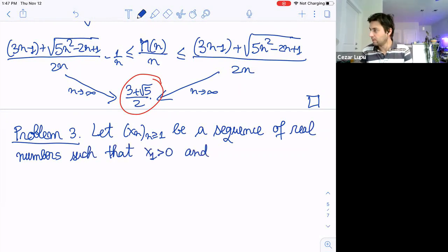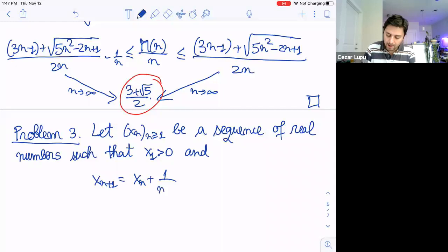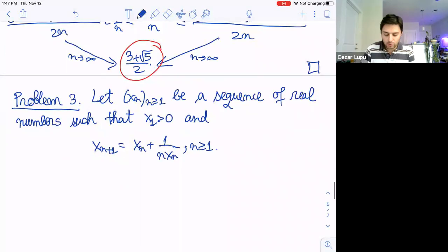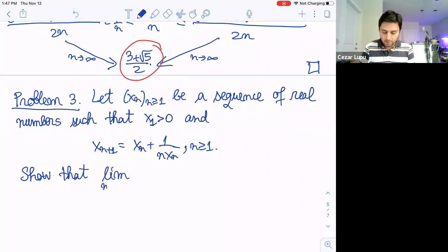Now, I think maybe I haven't done this, but xn plus 1 is xn plus 1 over nxn, for n greater or equal than 1. And we're asked to show that the limit as n approaches infinity of xn over 2 square root of 2 log n is 1.